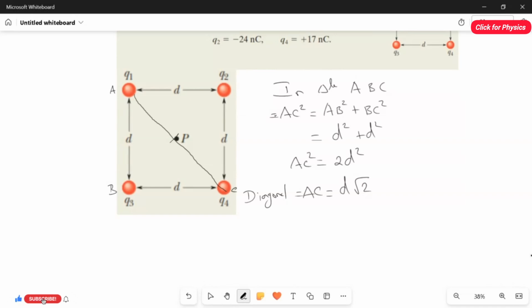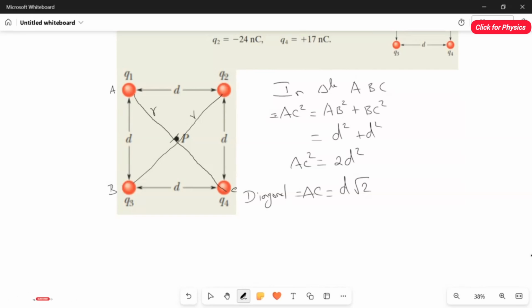So this is the other diagonal here. Let's see the distance from charge Q1. The distance of charge Q1 to point P is R. That means half of the diagonal is the value of R. The remaining charges also give the same answer. For Q2, what is the distance from the charge Q2 to point P?